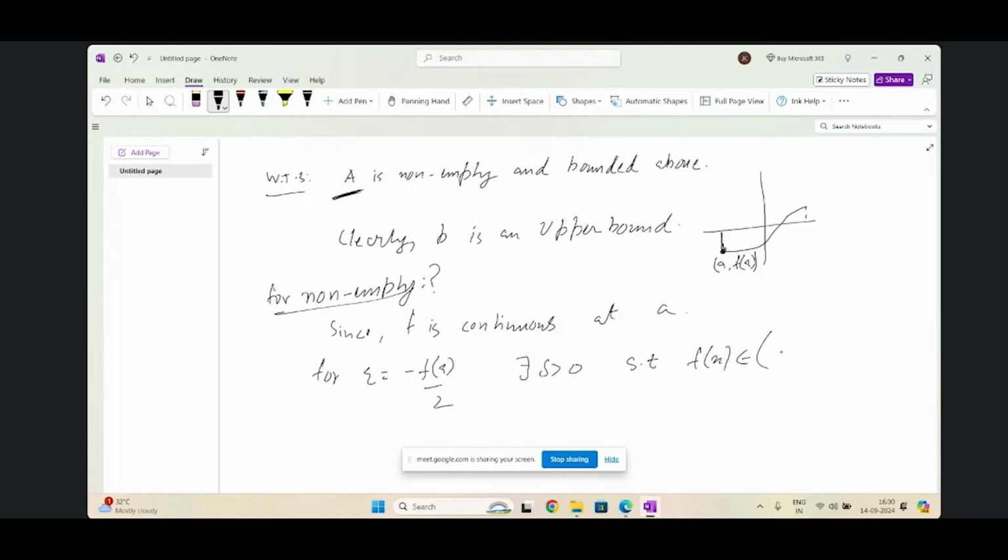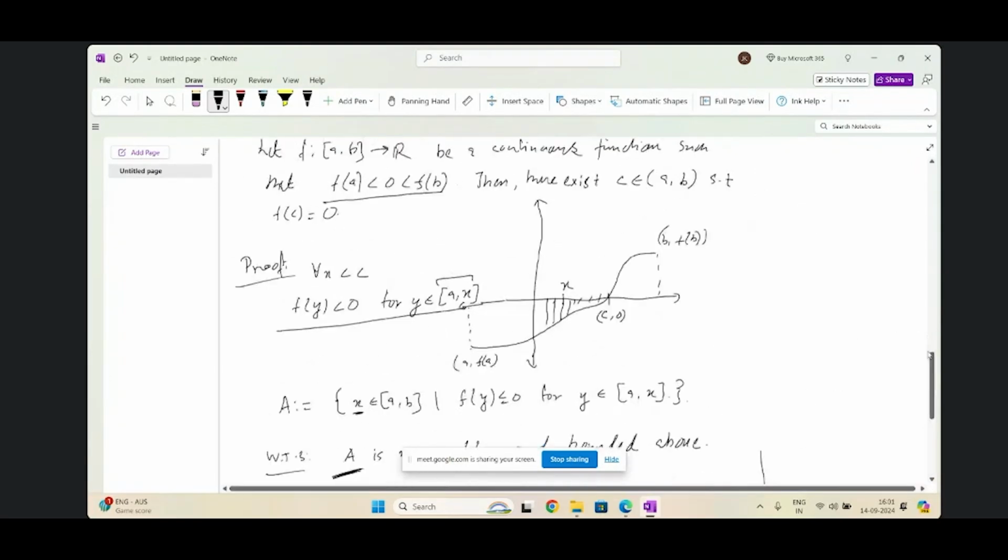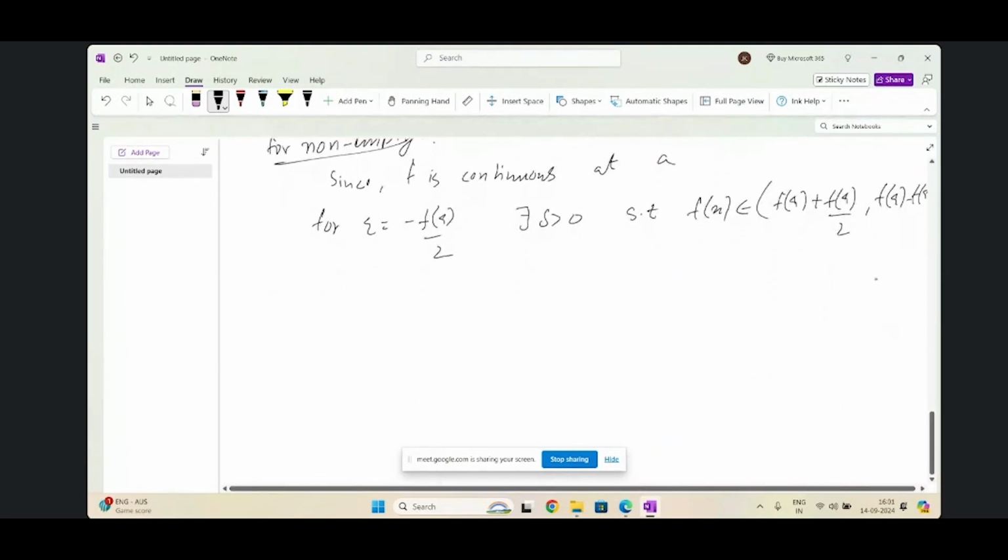So what is our epsilon here? Minus f(a) by 2. So we take f(a) plus f(a) by 2, and f(a) minus f(a) by 2.